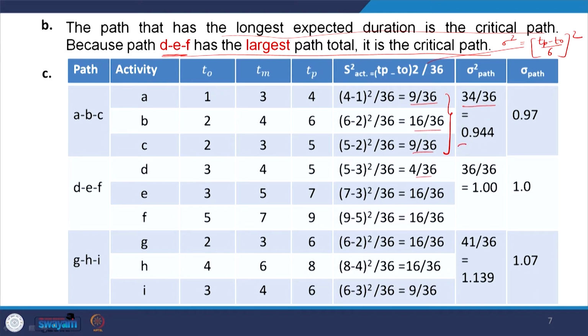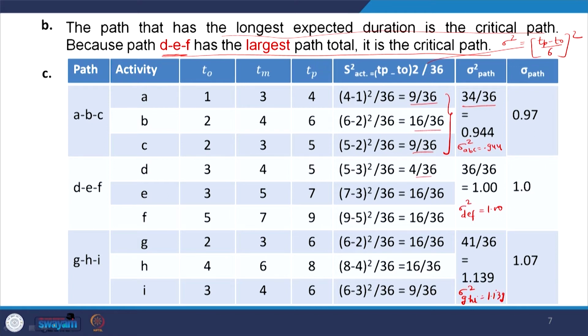So, this is sigma square ABC equals 0.944. This is sigma square DEF, that is 1.0. This is sigma square GHI equals 1.139.